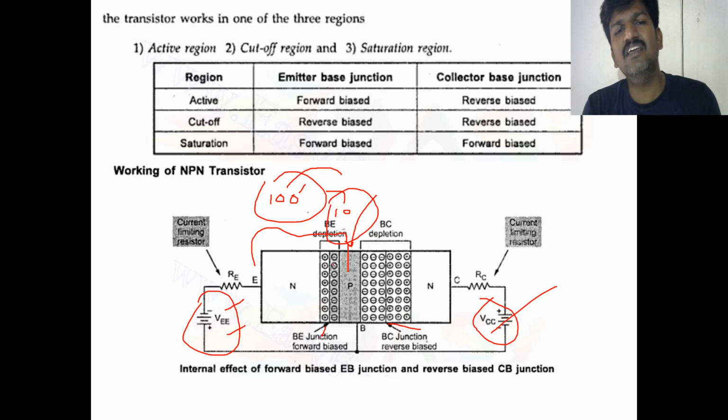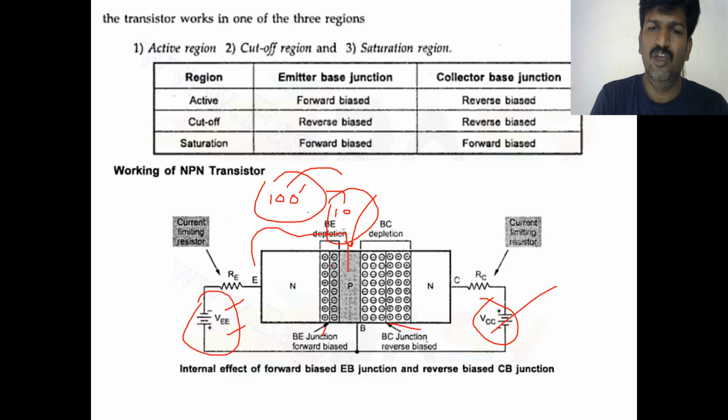That is how the NPN transistor works. You should understand this configuration is the active region configuration, meaning it is working in the active region. RC is the current limiting resistor of the collector.